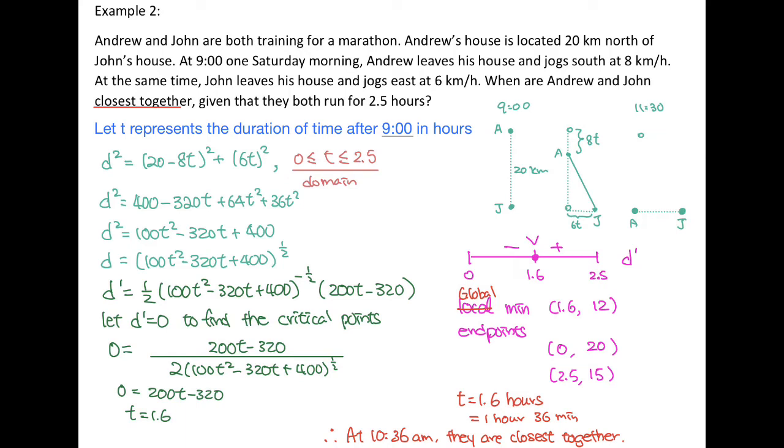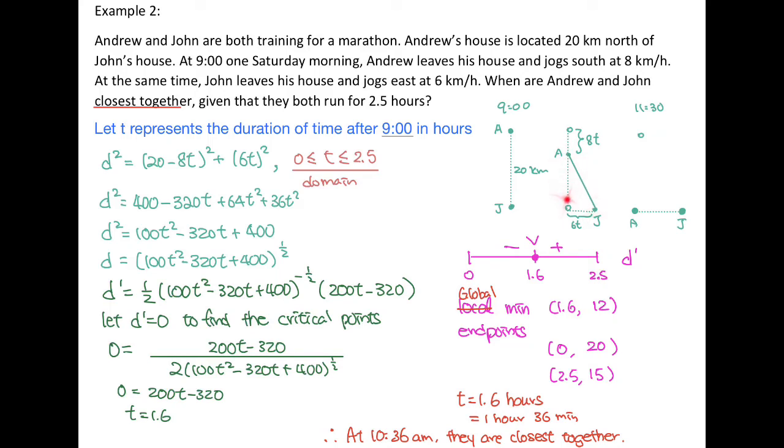Next step, we have to find the equation. Even though we are looking for time, because the question asks when are Andrew and John closest together, we are minimizing the distance between them. So our equation has to be in terms of the distance. If you look at this diagram in the middle right here, the distance between Andrew and John can be modeled by the Pythagorean theorem. We know the Pythagorean theorem is a squared plus b squared equals c squared.